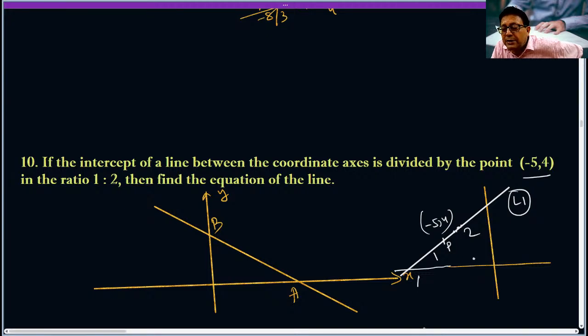Now you start the line in this manner, and this point is minus a, 0. You understand why only one line will be there? Because the point lies in this quadrant. So it has to lie on the line and it will divide in the ratio 1:2. No other line passing through it can do like this. That's why this is the only possibility, dividing in the ratio 1:2. You draw another situation. If you get it, then I agree.